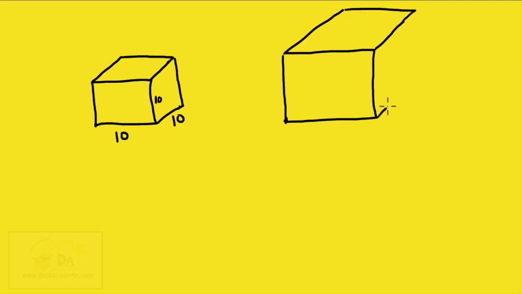All its sides, this is just a rough sketch, all its sides have a length of 20 centimeters. What I'm saying is this dimension is 10, this dimension is 10 centimeters, this dimension is 10 centimeters. I'm just not showing the units.